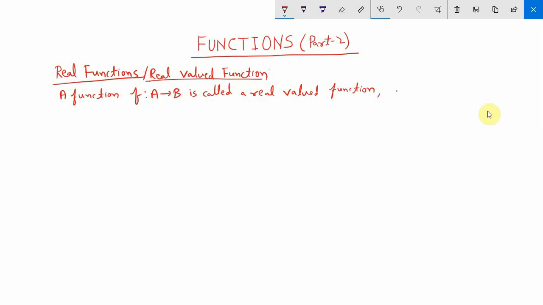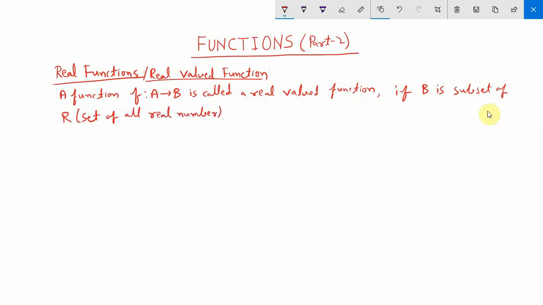if B is a subset of set R, which is set of all real numbers. Okay, R is set of all real numbers.